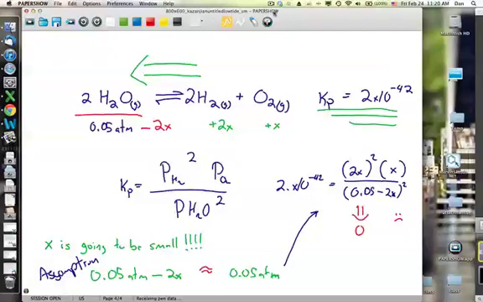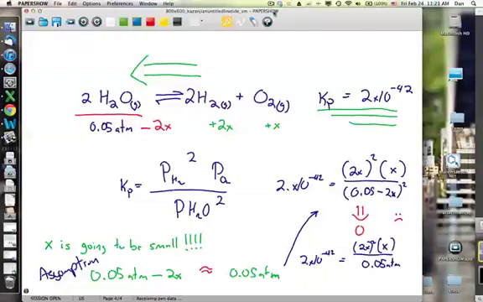and we get the following. 2 times 10 to the negative 42nd is equal to 2x squared times x, all divided by 0.05 atm. What this does is it eliminates this square term from the bottom and greatly simplifies our math.